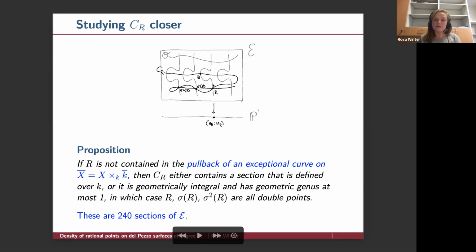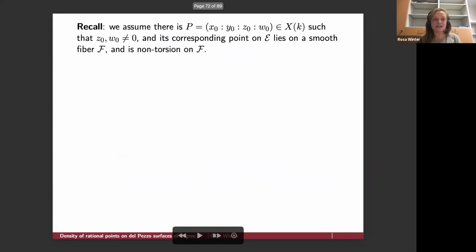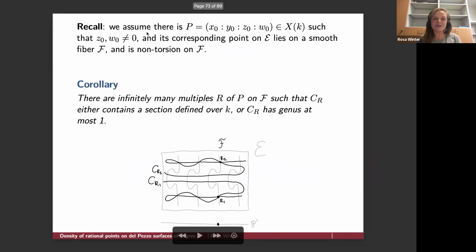If I look at one fiber, there are at most 240 points on that fiber that are contained in the pullback of an exceptional curve, because they're all sections. So just by realizing that this only happens for 240 points on one fiber, we get the following corollary, from the fact that we assume there is a point on our surface which is non-torsion on this fiber.